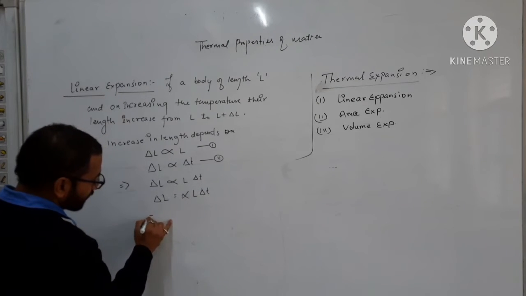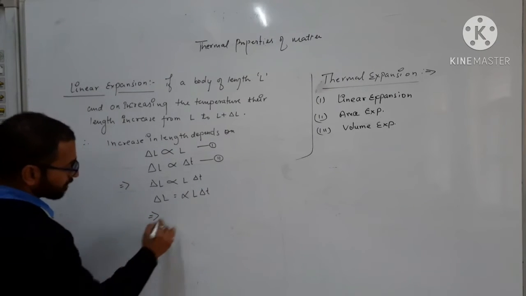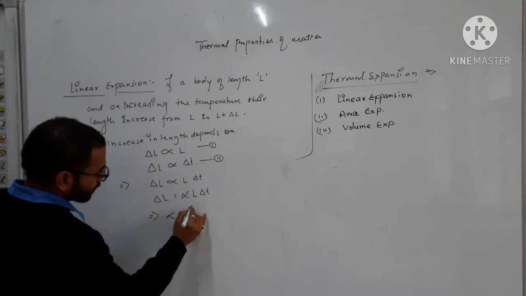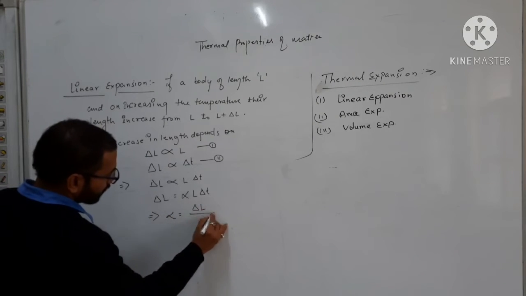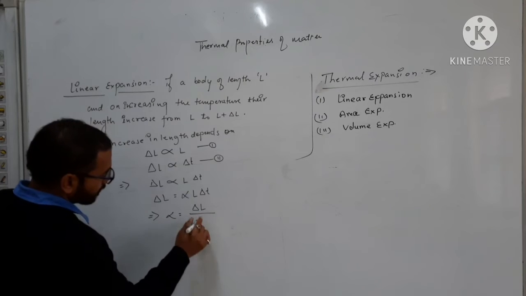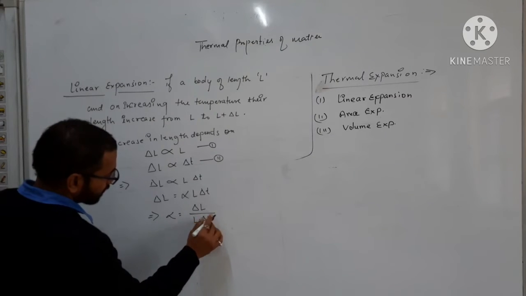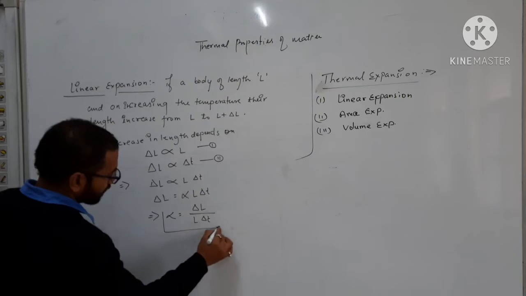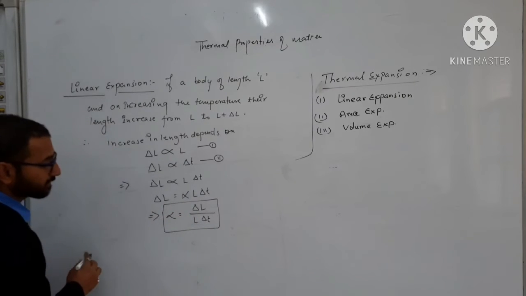Point clear? So it implies that alpha is equal to delta L over L into delta T. You can write it like that.